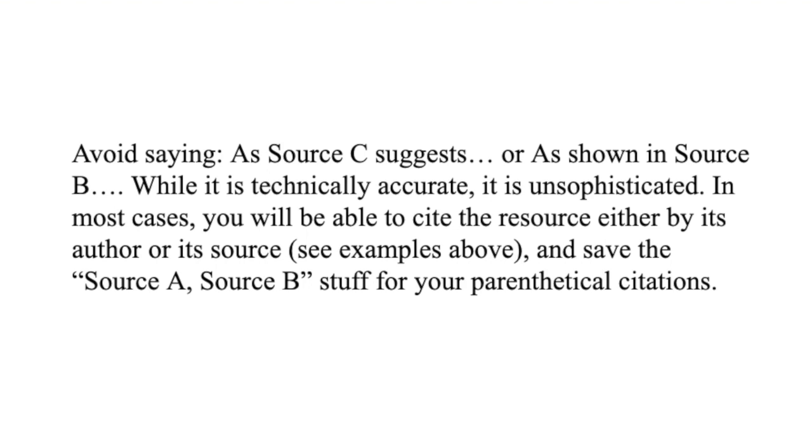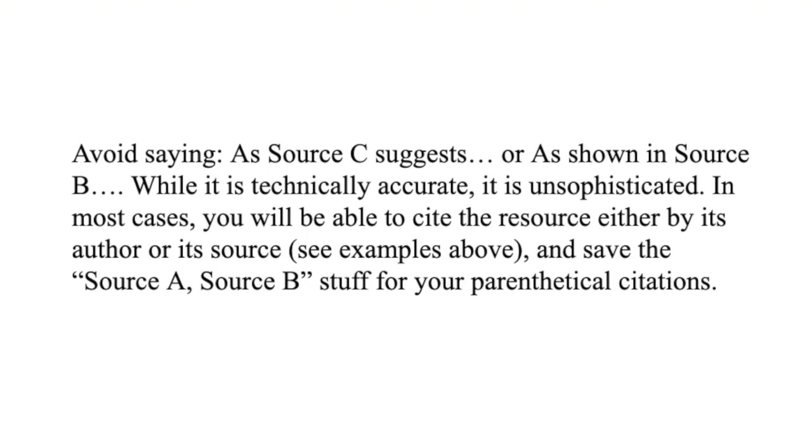So if the person in source A has the last name Thompson, say "as Thompson suggests." If you want to have your parenthetical citations be source A, source B, source C, whatever, that's fine. You can choose either the last name or source A, B, C, whatever. But don't alternate between the two for parenthetical citations. Choose one, stick with it.